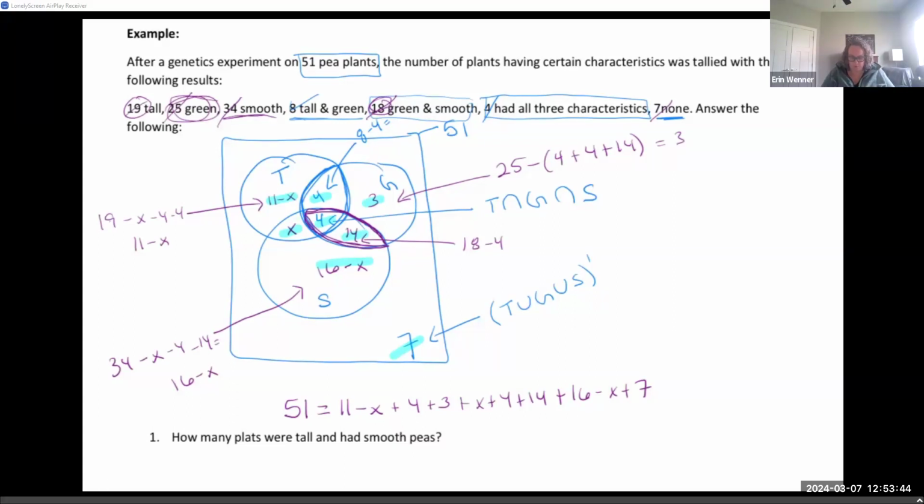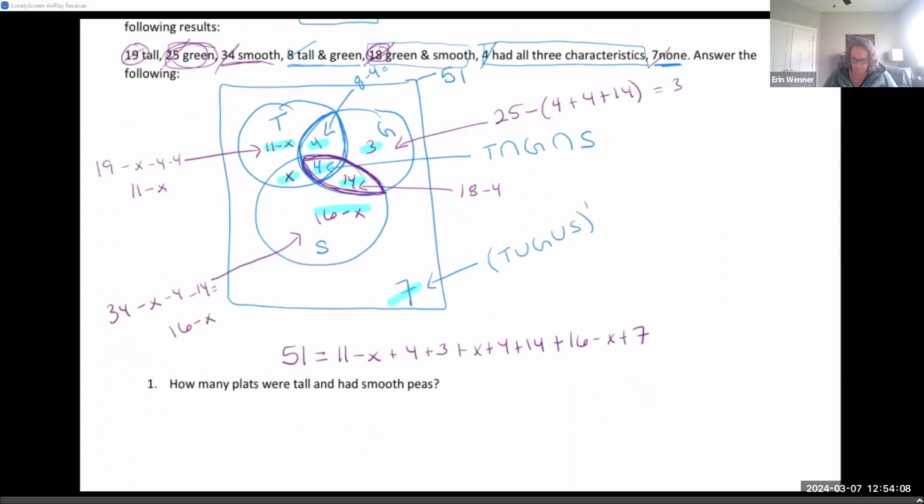Okay, so if we go through and add, 11 and 4 make 15. 15 plus 3 is going to be 18. 18 plus 4 is 22. 22 plus 14 is 36. 36 plus 16 is 52. 52 plus 7 is 59.